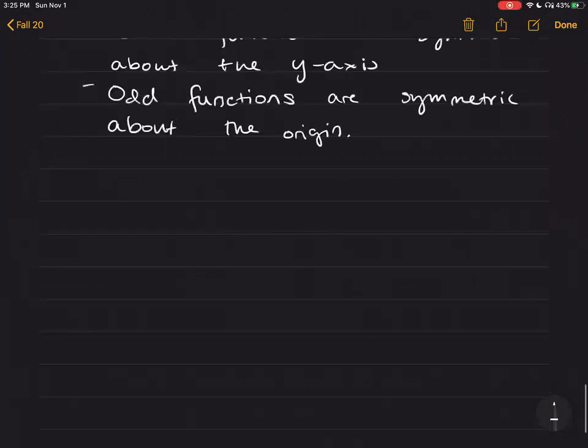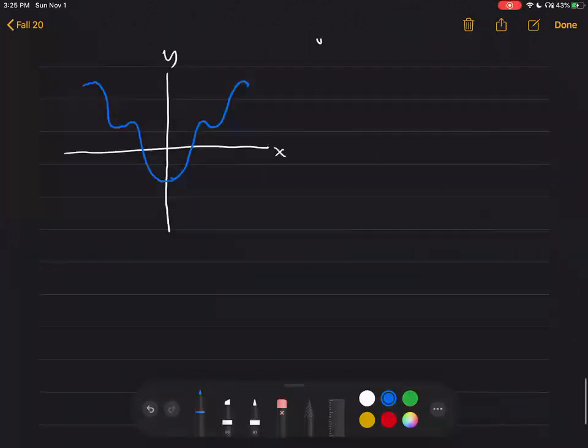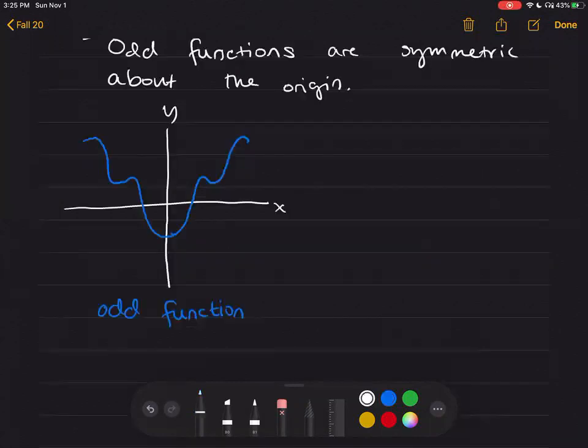So if we look at that in pictures, if I just sketch a quick graph here, maybe if I do something like a wiggle, maybe it dips down. To make this an odd function, it's going to have to do the exact same thing on the other side. So this is an example of an odd function. And then an even function would look more like this.